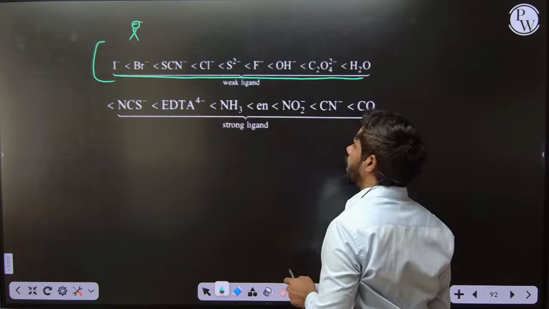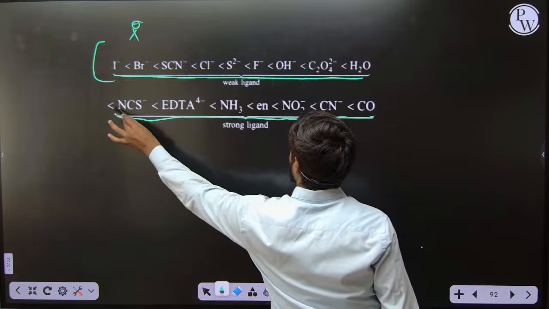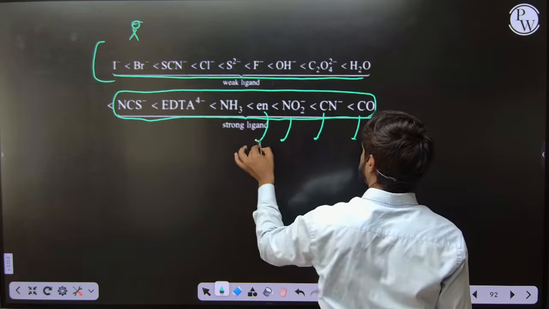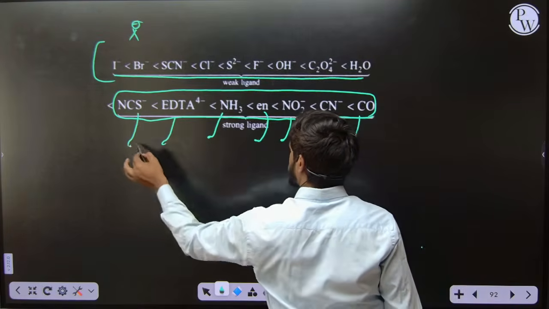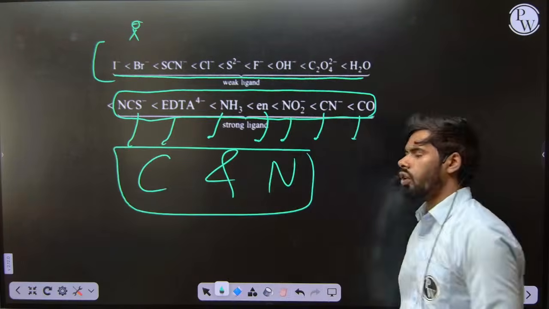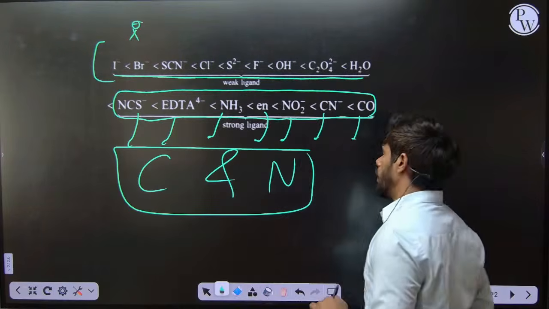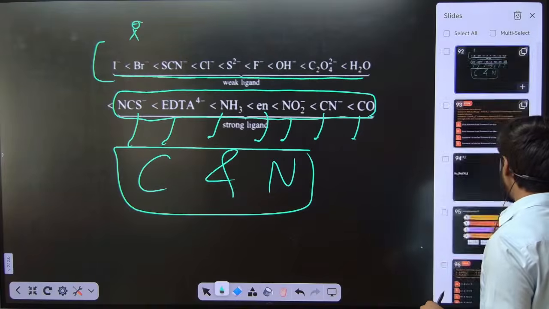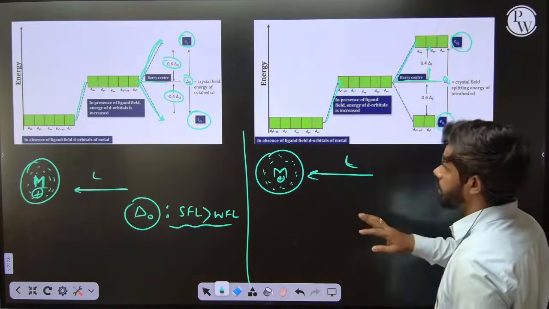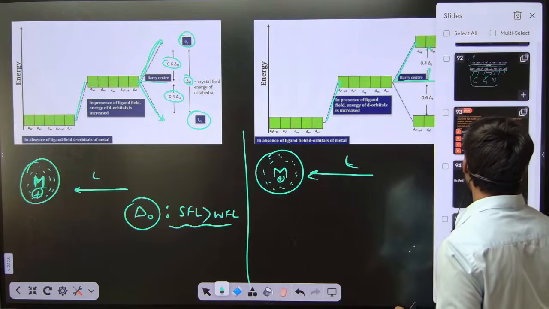What are the strong field ligands? Those where carbon and nitrogen donors are involved. Carbon and nitrogen donors are strong field ligands. They will have a large splitting in the case of octahedral. Okay, next we can see some complexes, the examples.